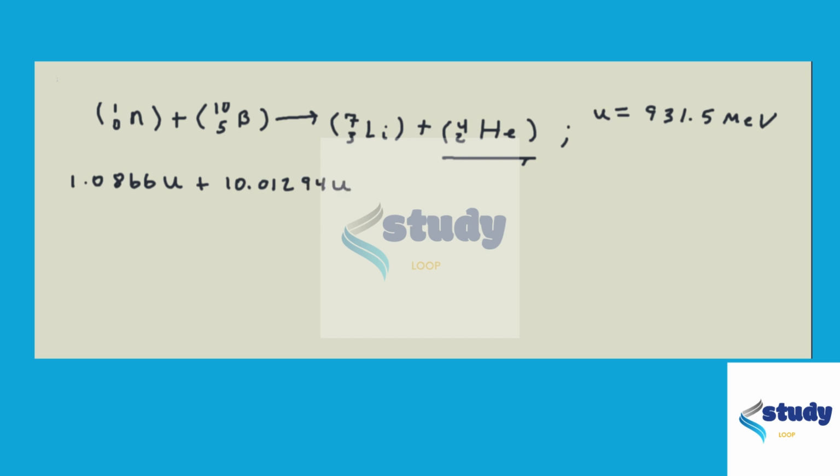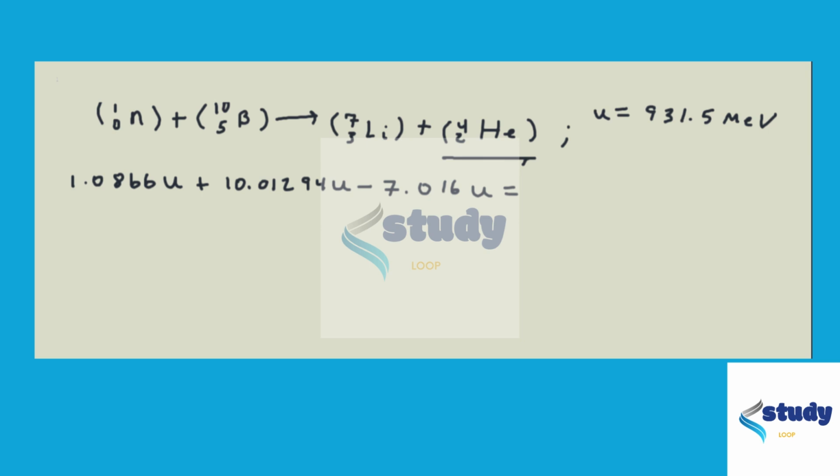All right, now what I'm going to do is subtract lithium over onto this side so that we're left with just the total energy of the alpha particle on the right, minus 7.016 U, and that's going to be equal to the total amount of energy the helium has.